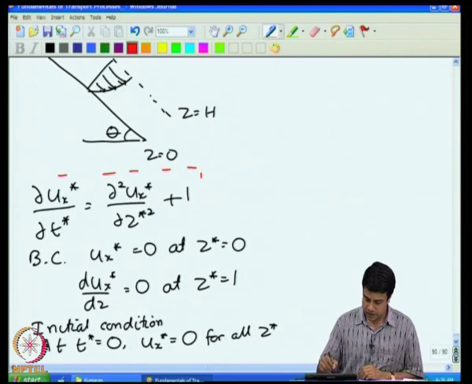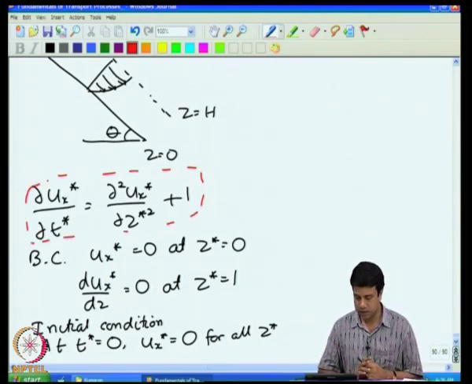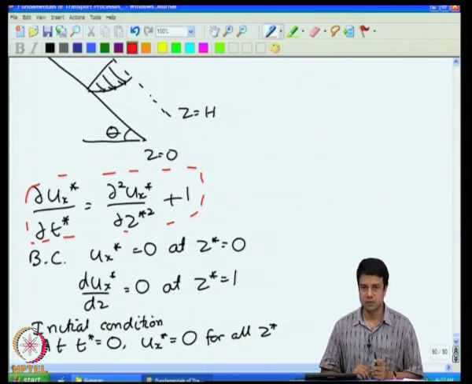So, we have to solve this equation subject to the initial and boundary conditions. The solution procedure is similar to the separation of variables solution procedure that we had earlier. So, we have to follow the same steps in order to get the solution for this as well. There is a complication when you have body forces, and it is in order to point that out that I am going through this solution procedure.